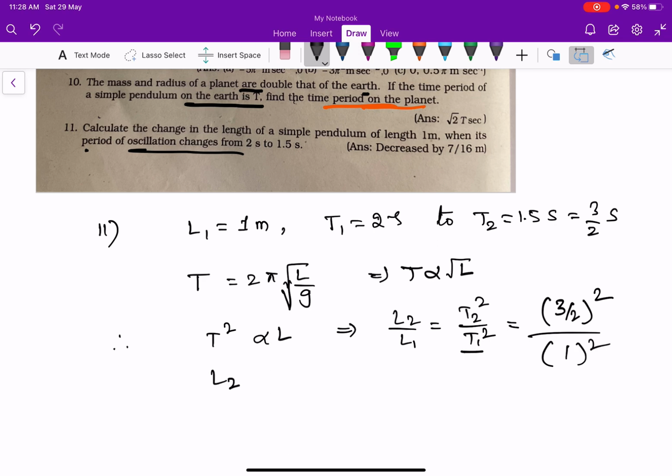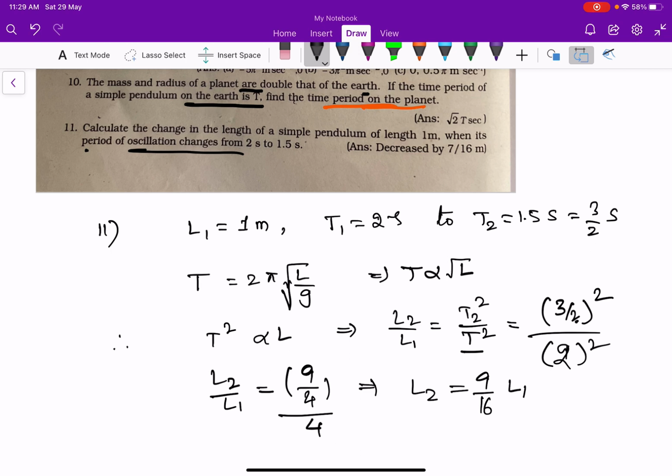That is L2 by L1 is equal to 9 by 4 divided by 4, that is 9 by 16.